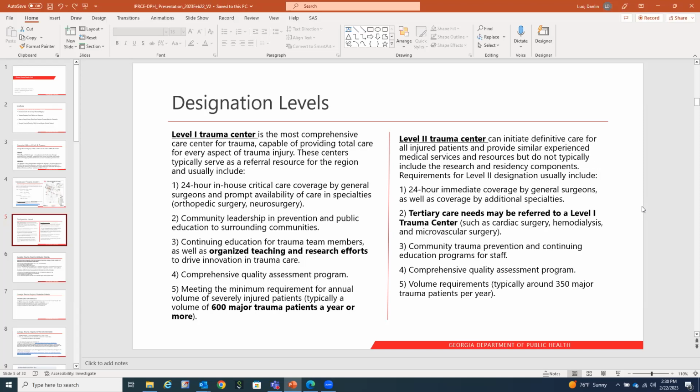Requirements include 24-hour immediate coverage by a general surgeon, as well as coverage by additional specialties. Tertiary care needs may be referred to a level 1 trauma center. Community trauma prevention and continuing education programs for staff. A comprehensive quality assessment program and volume requirements.